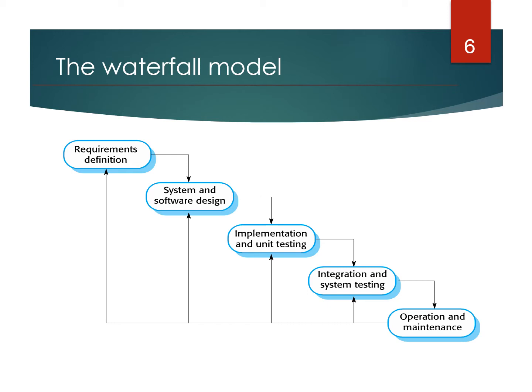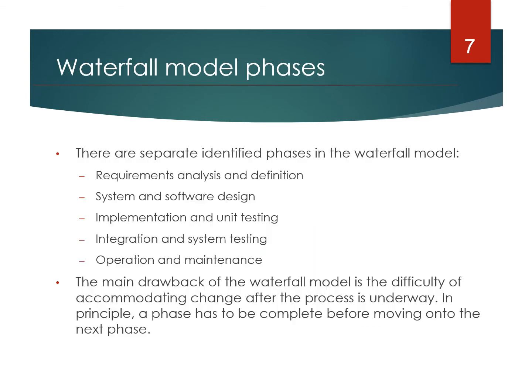And if some error is found, it will go back to the phase related to that error. If you can see here, the arrow going back is only after the system is up and running. The drawback of the waterfall model is that it's difficult to accommodate changes.